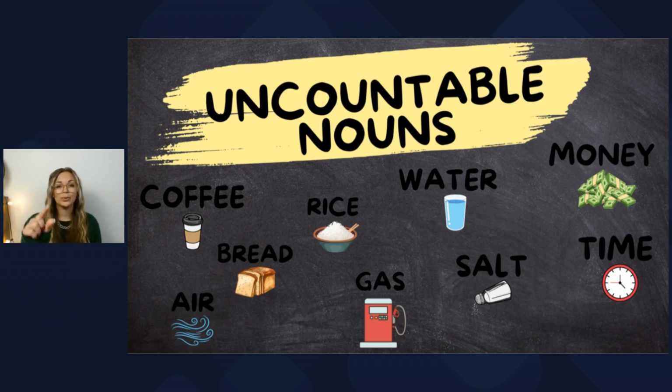You are able to count how many objects you can see. For uncountable nouns, you cannot count specifically 1, 2, or 3. So some examples you see up on the screen: coffee, rice, water, money.